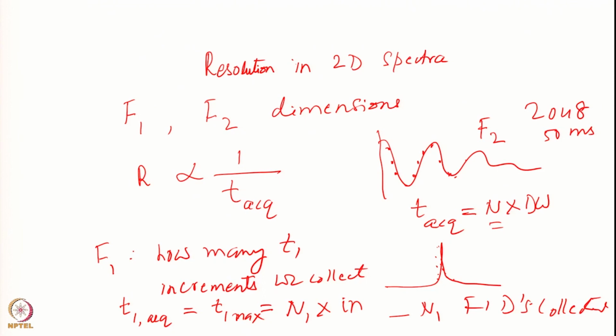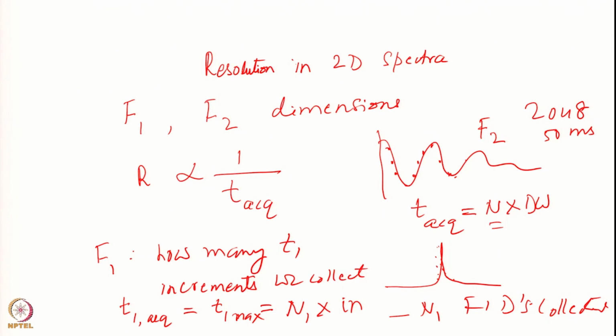But if I want to increase the same in the F1 dimension, from 50 milliseconds acquisition time to 100 milliseconds acquisition time, I have to do twice as many experiments, twice as many FIDs. So, if the 50 millisecond spectrum is going to take me about 10 hours, then if I want to make it 100 milliseconds, it is going to be 20 hours.